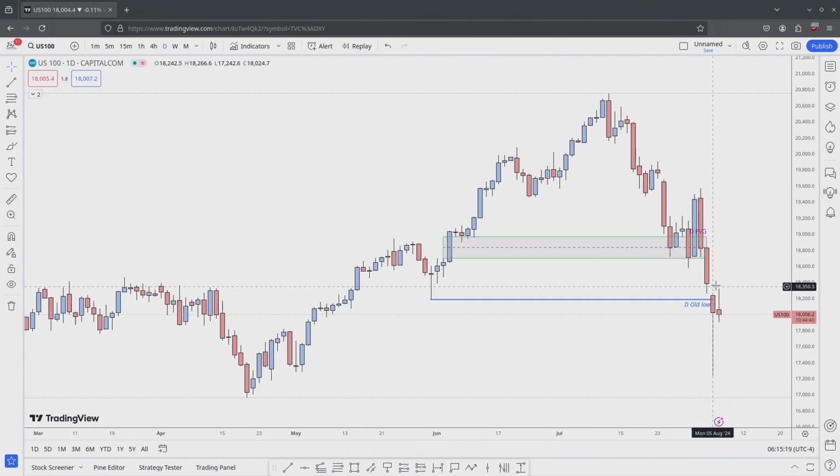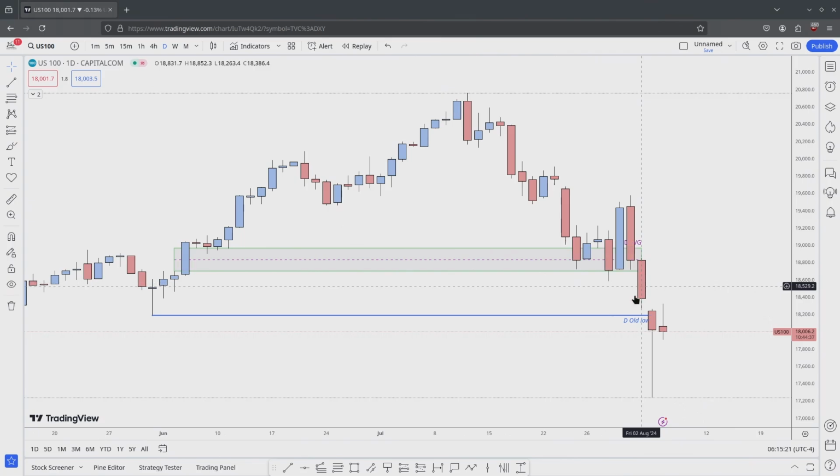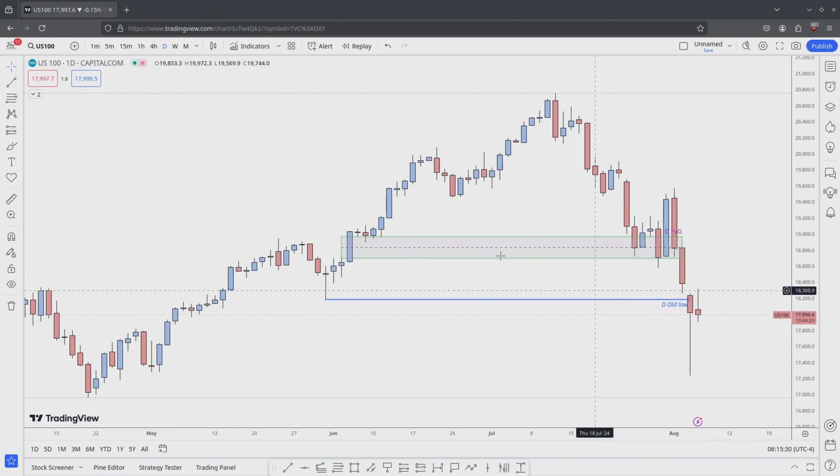We have opened up the week with a gap, gapped down to this old low here, and we have been trading back up into this range.